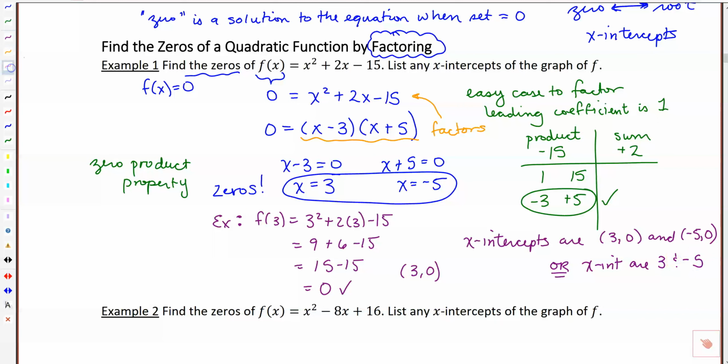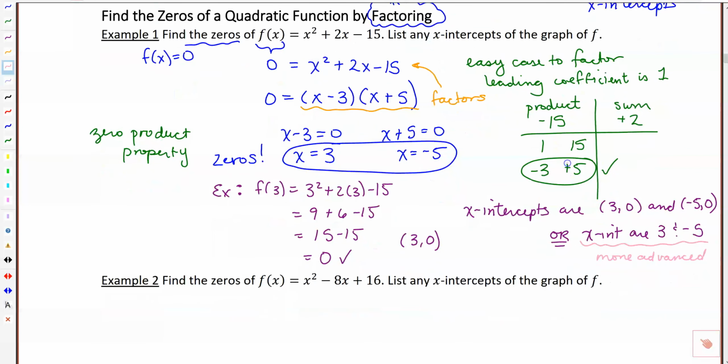This version of the language, just giving the x-intercepts as numbers, this is a more advanced way of talking about x-intercepts because, and sometimes dangerously so, you assume your reader knows these are ordered pairs. And specifically as an ordered pair, I'm giving you the x-coordinate and its corresponding y-coordinate is 0.